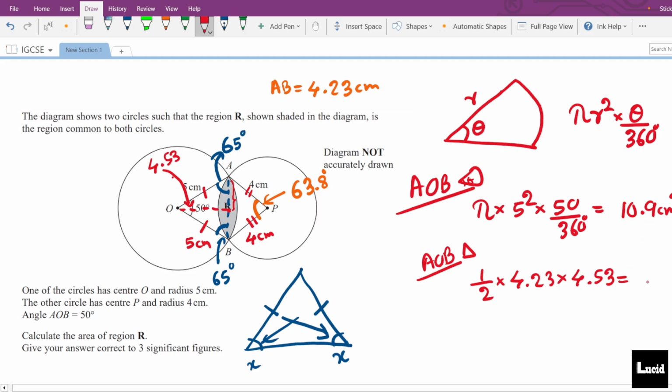Why did I find the AOB sector and the AOB triangle?